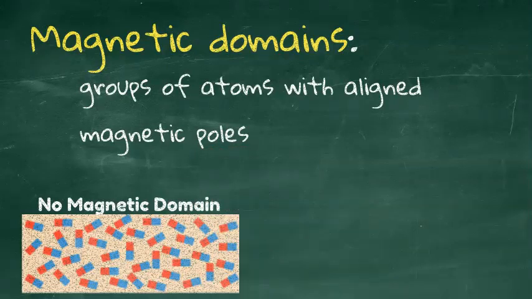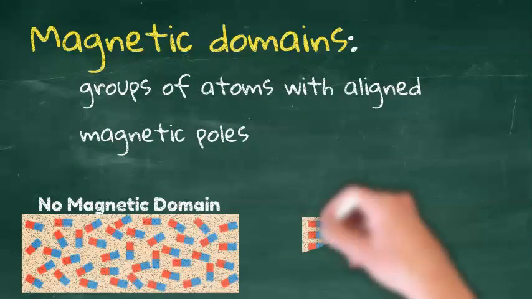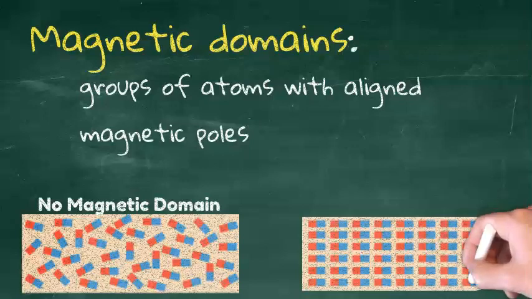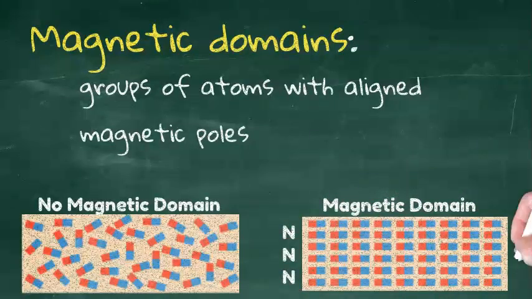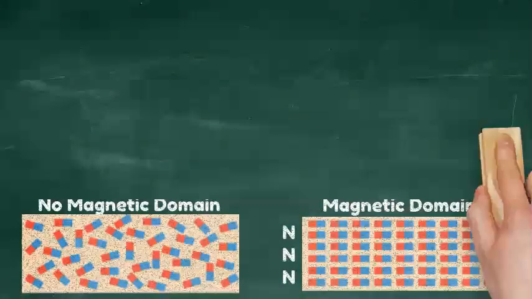You can see in this picture below of no magnetic domain that the poles of those atoms are facing all different directions. In the next picture, you'll see a magnetic domain where all of those atoms have their poles with the north facing one direction and the south facing another direction.